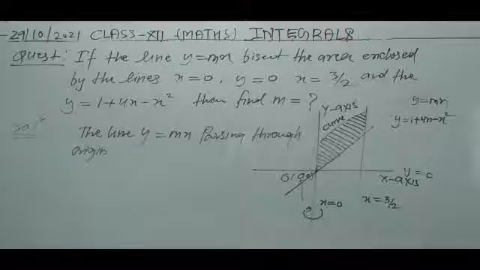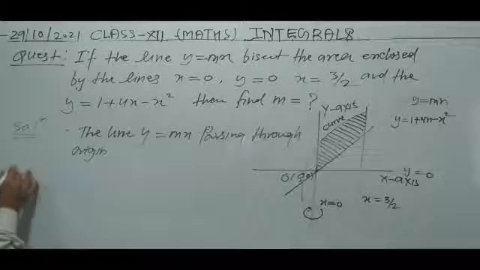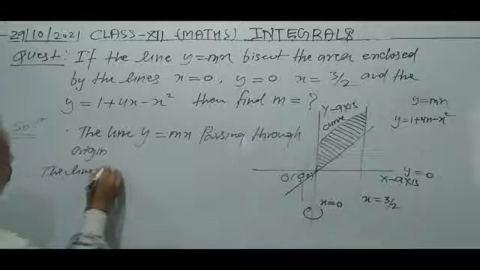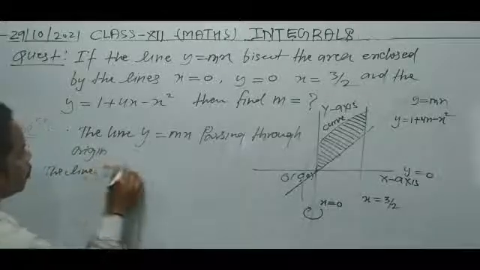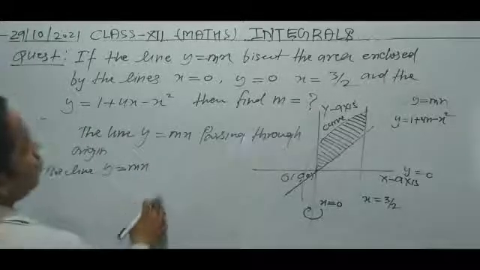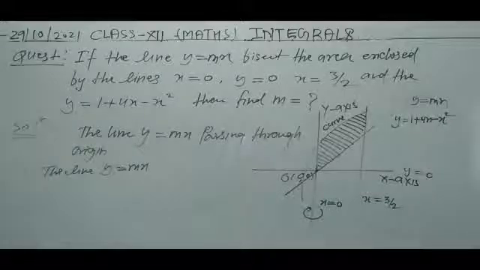In this question it is given that the line y is equal to mx divides the area from 0 to 3 by 2 into two equal regions.